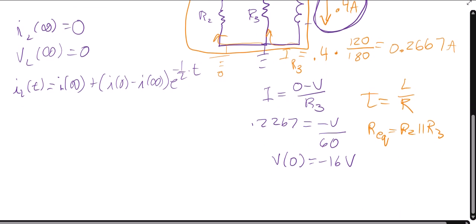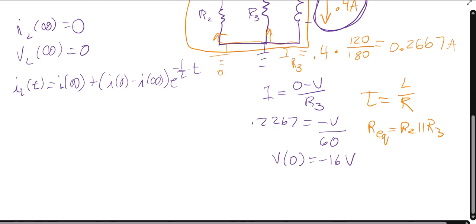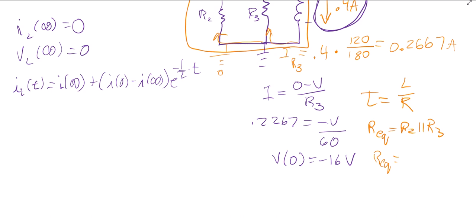That one is pretty easy to see. R equivalent is 120 times 60 over 120 plus 60, which is 40.